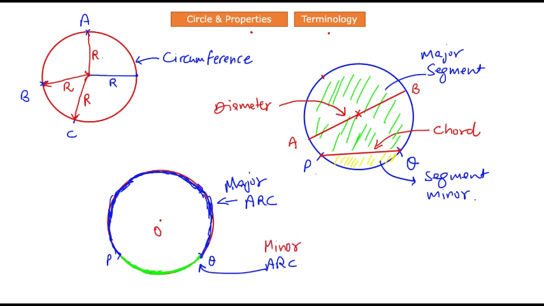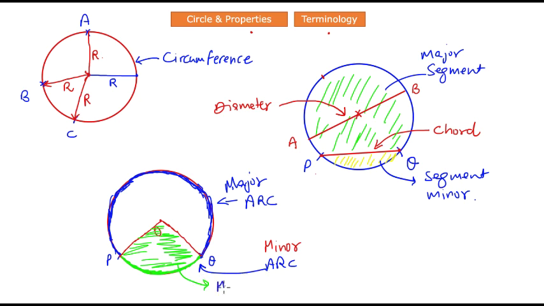Now, one more thing I would like to point out. What if you connect these 2 points, the point P and point Q, to the center of this circle? Okay, so what you obtain is now 2 different sections. The section of this circle by the green highlighted area that I'm shading now is called a minor sector, because it belongs to the minor arc.